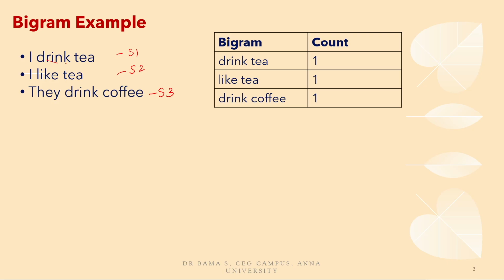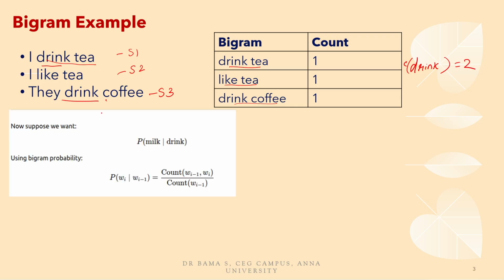We have drink tea as a bigram, the count is 1; like tea, the count is 1; drink coffee, the count is 1. And drink alone has a count of 2, because we have one drink in the first statement and another drink in the third.